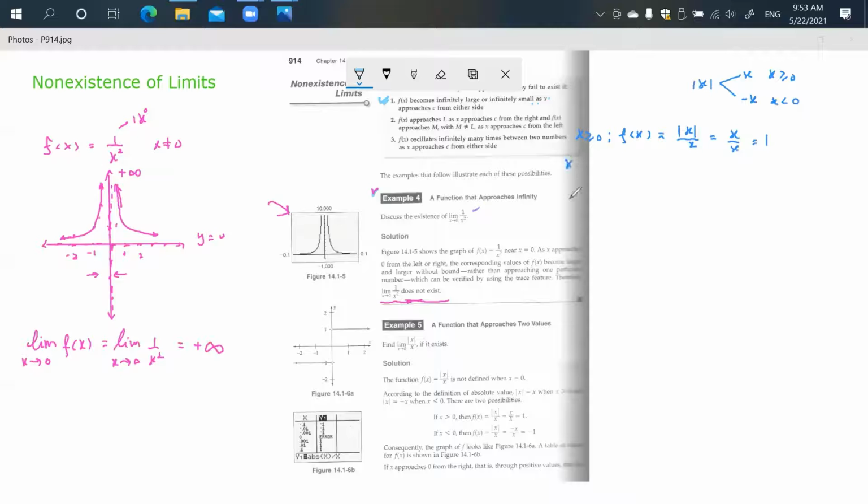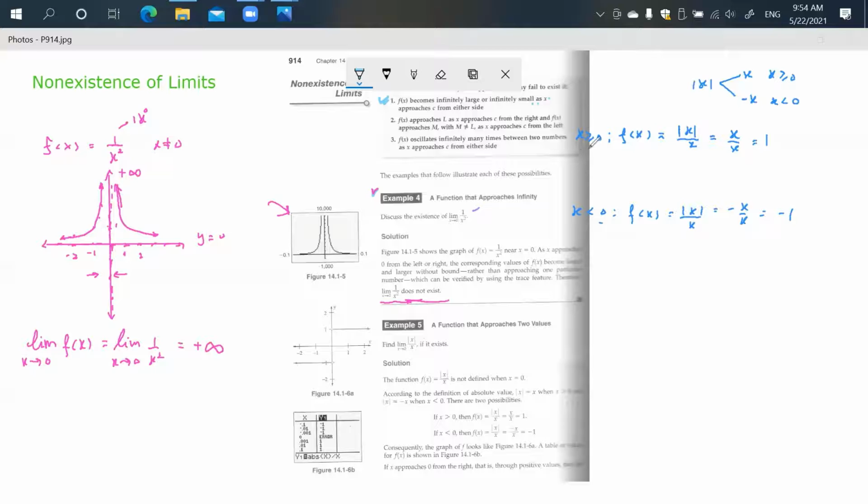But when x is less than 0, f of x is negative x over x, and that equals -1.